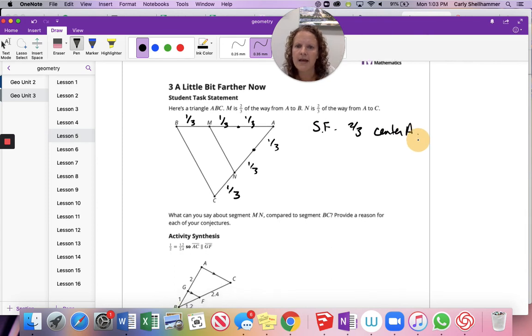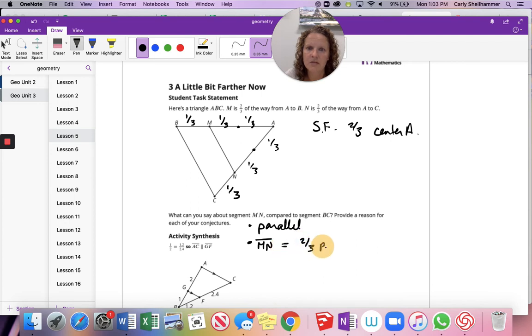So what can you say about MN compared to BC? I can say that they are parallel. I can also say the measurement is going to be 2/3 of the measurement of BC because of the scale factor. Okay, what else can we say? Parallel, yep, got that.